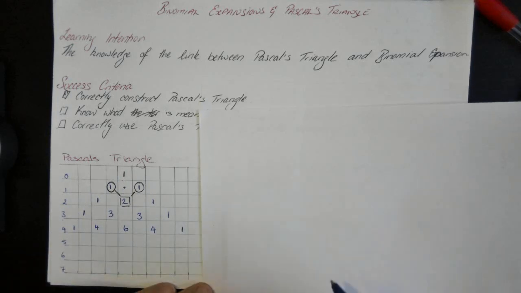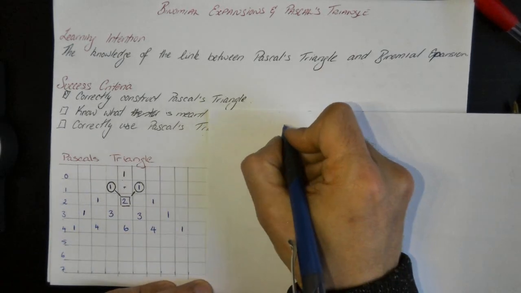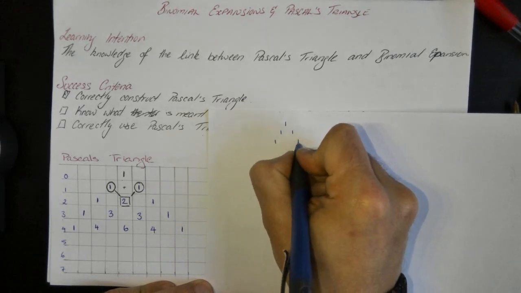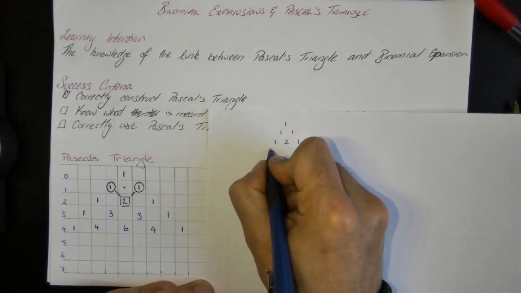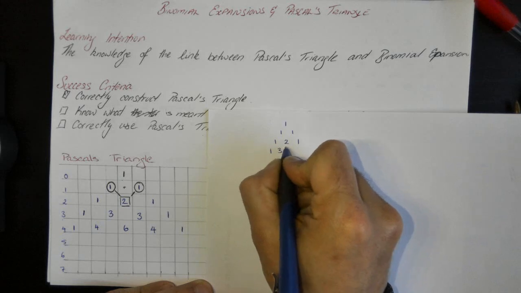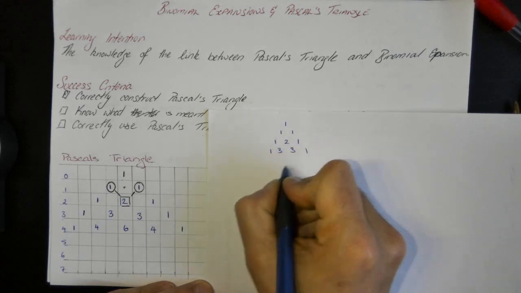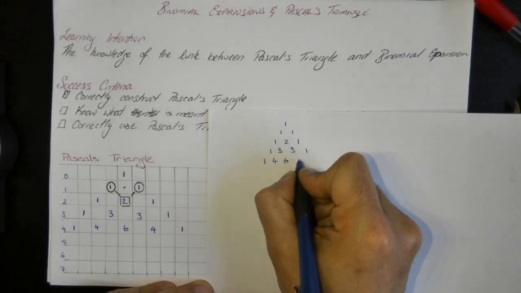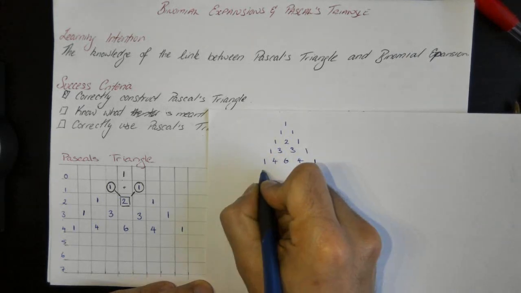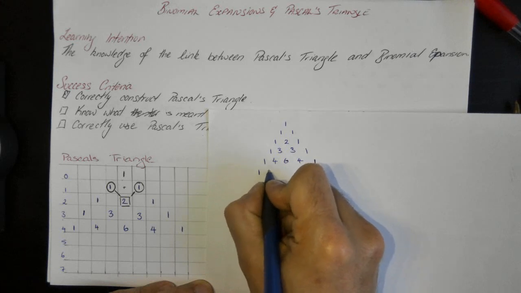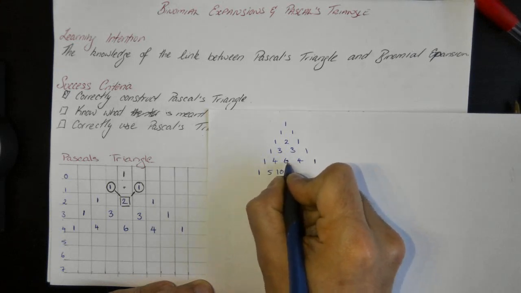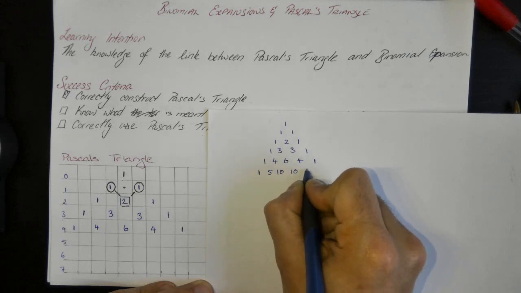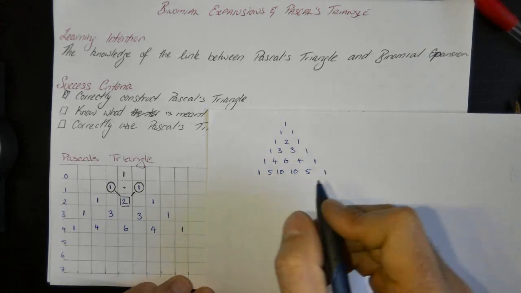If I was to do it on this side, start with 1. 1 plus 1 is 2, 1 plus 2 is 3, 2 plus 1 is 3, 1 plus 3 is 4, 3 plus 3 is 6, 3 plus 1 is 4. 1 plus 4 is 5, 4 plus 6 is 10, 6 plus 4 is 10, 4 plus 1 is 5. I'll do it to the 7th row.